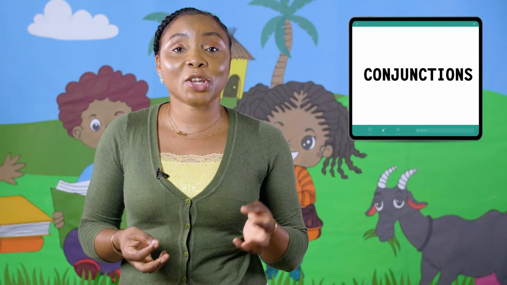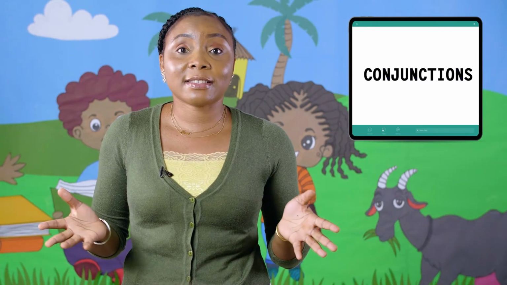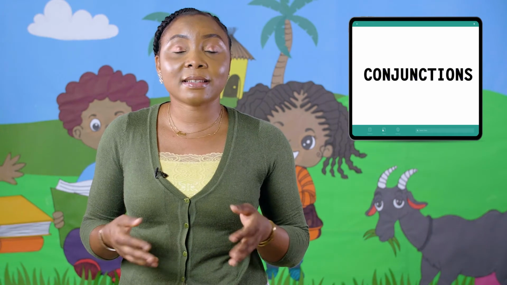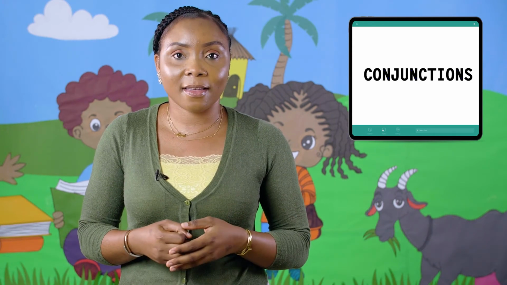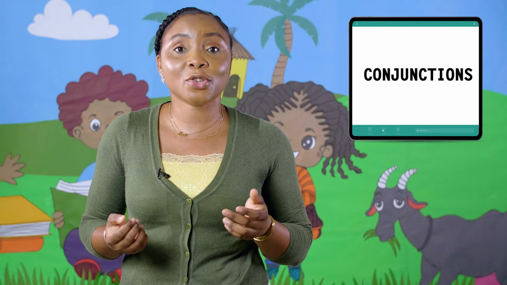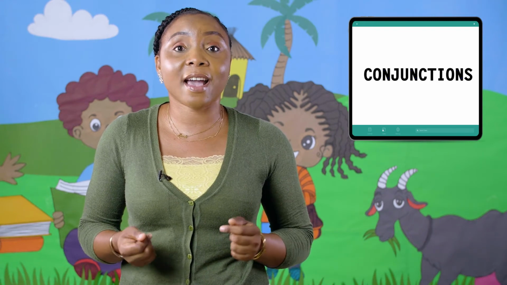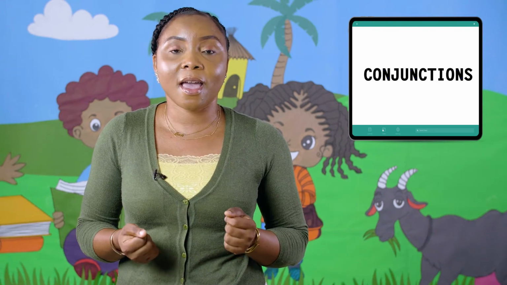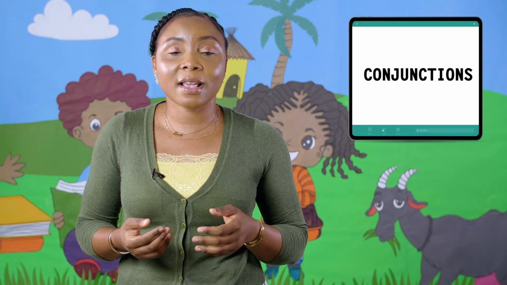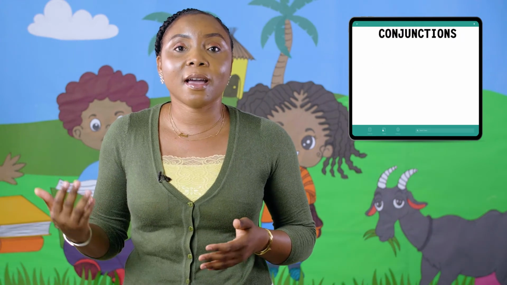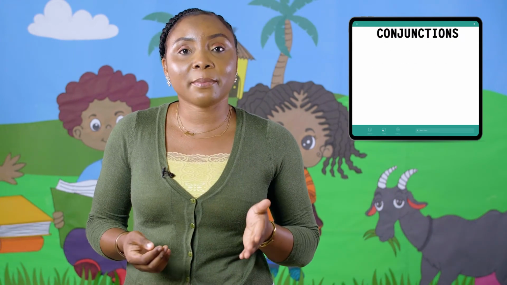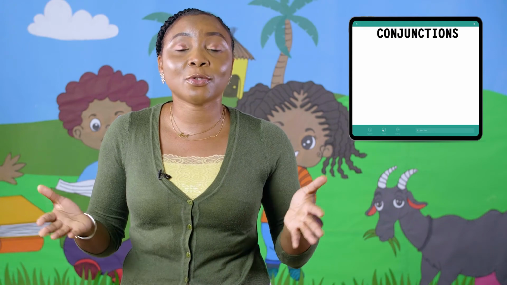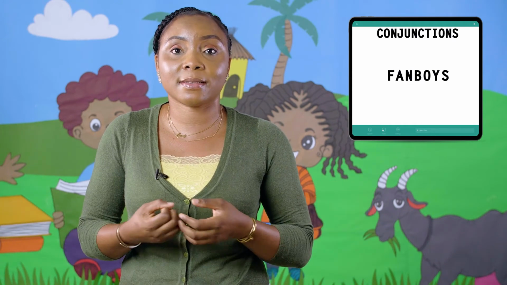Let's move on to conjunctions. Conjunctions are words used to join sentences and clauses together. Now we have fanboys and we have other conjunctions. The fanboys are the conjunctions used to join two sentences together.